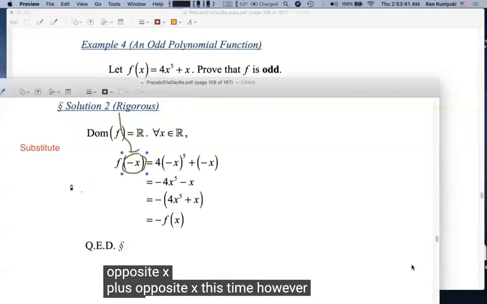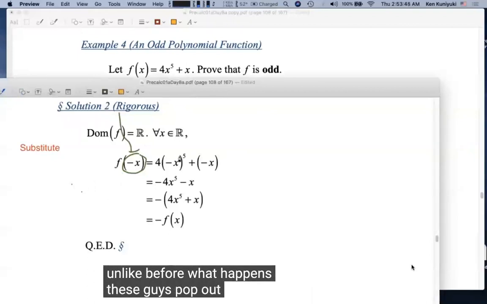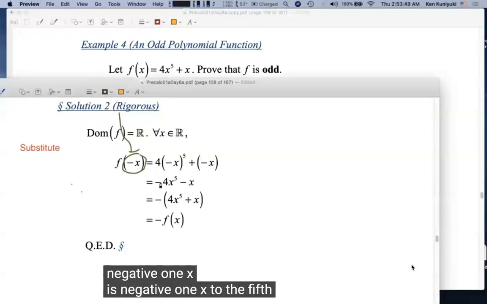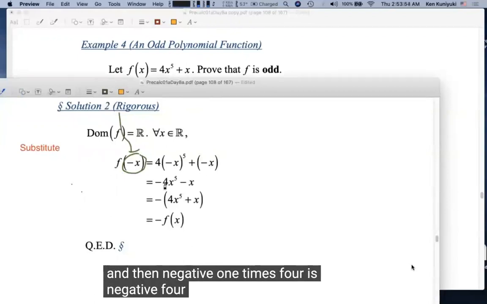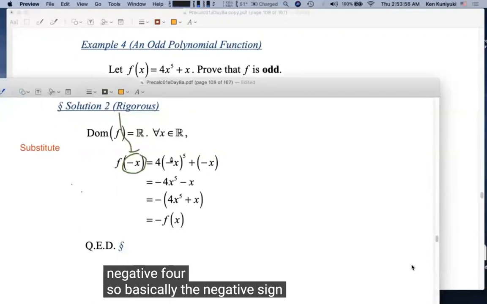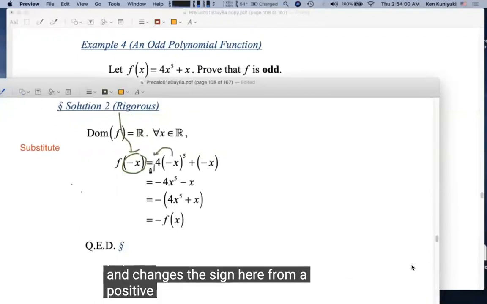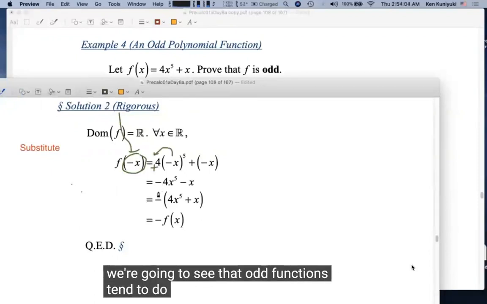This time, however, unlike before, what happens? These guys pop out. The 5th power of -1x is -1x to the 5th. And then -1 times 4 is -4. So basically, the negative sign here does pop out and changes the sign from a +4 to a -4. We're going to see that odd functions tend to do that.